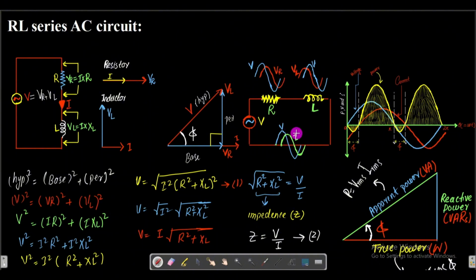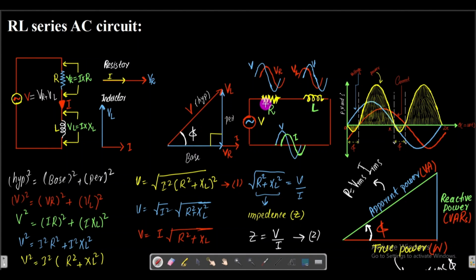So here I am going to recap all of this. The whole concept is present in this diagram. The provided voltage will be leading the voltage of the resistor, and this voltage will be lagging the voltage of the inductor. How much it is leading or lagging is given by this phi.